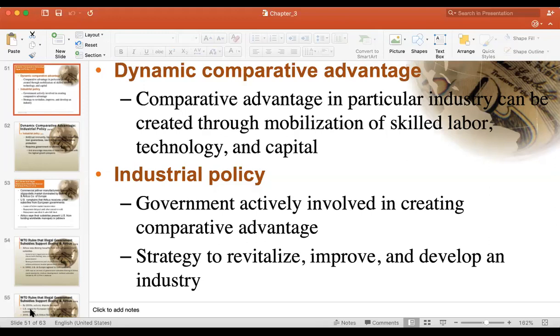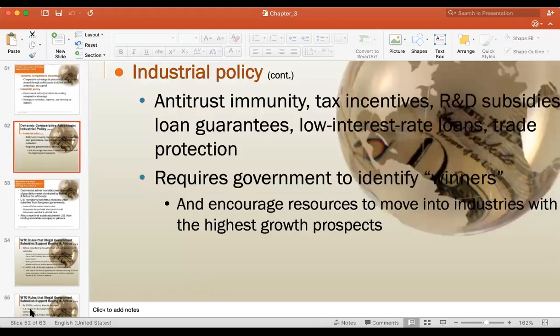Now, there are challenges, of course, with industrial policy. In other words, when governments are ready to implement industrial policy, the first thing that they need to do is to identify which industries they need to support. And in this case, of course, the industries that they need to support are those that happen to be winners.